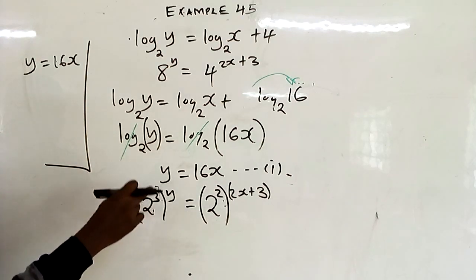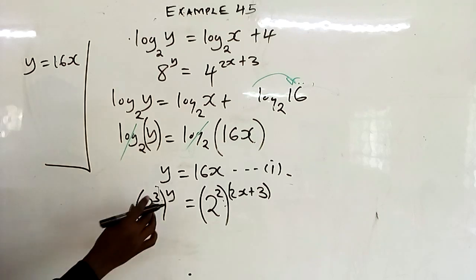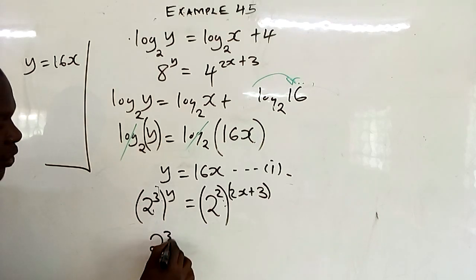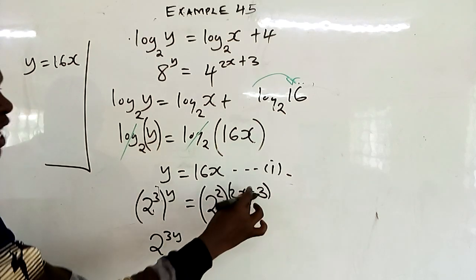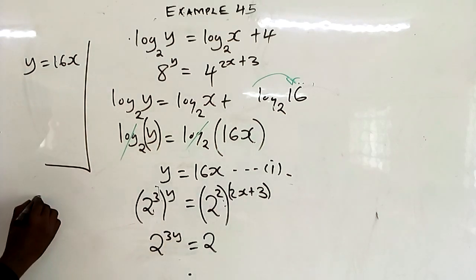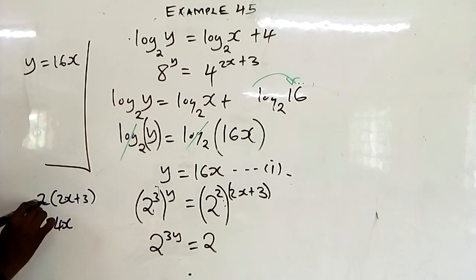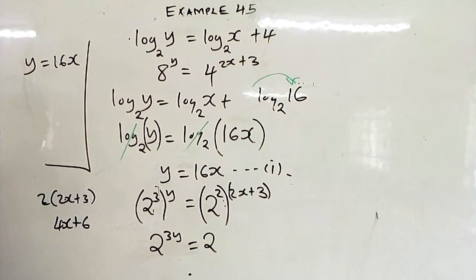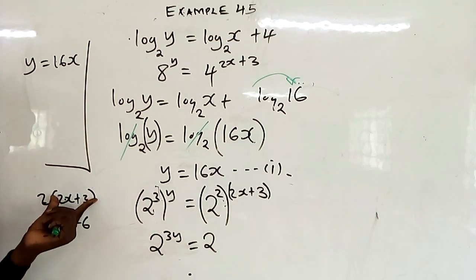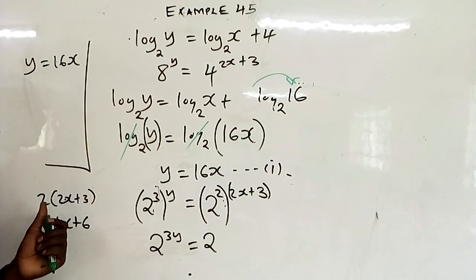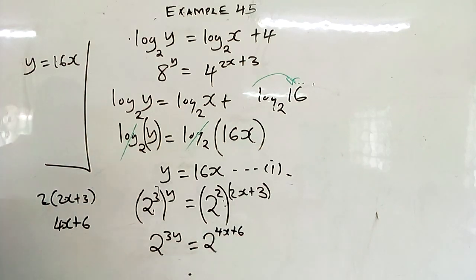So the law of indices: a power inside times a power outside. On this side, we have 2 raised to power 3 times y, which is 3y, is equal to 2 times 2x plus 3. 2 times 2x is 4x, then 2 times 3 is 6. This 2 must multiply everything inside the bracket, because everything inside the bracket is one thing. So here we have 2 raised to power 4x plus 6.